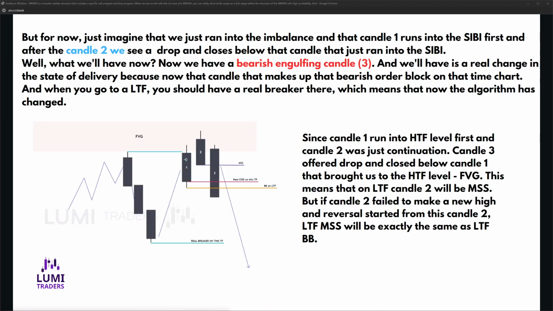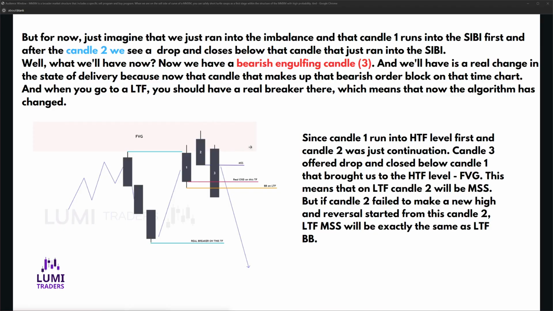bearish order block. Okay, how many candles at this point I would like to use for this order block? I'm going to use candle number 1 and I'm going to include candle number 2. At this point, I'm going to use 2 candles. This candle number 1 right here was the very first candle that brought us to this higher frame fair value gap or any higher frame levels.